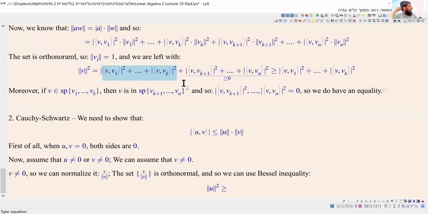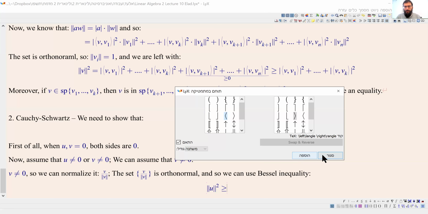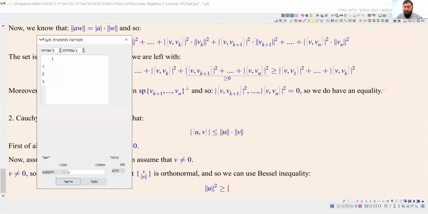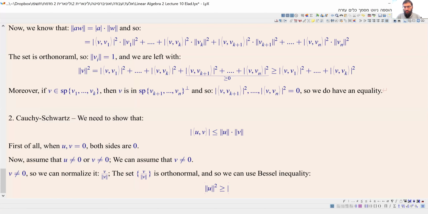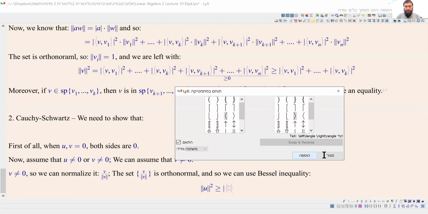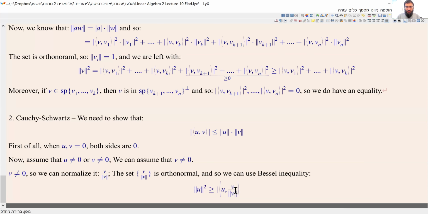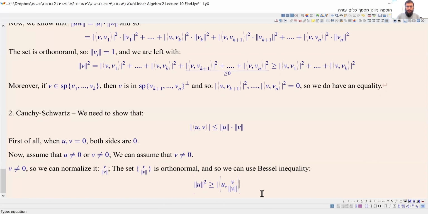Now, the orthonormal set contains only one vector, so we're going to have only one element on the other side: U with the normalized V, squared.